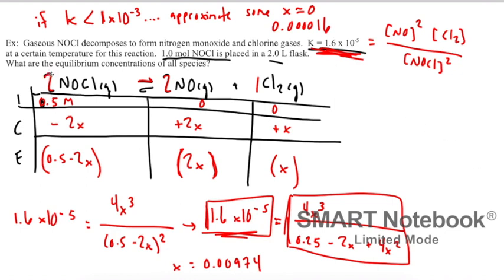I start this process with a significant amount of NaCl, 0.5 molar. Does that make sense? Well, because my k value is really tiny, I can approximate right here. You're not going to do this step until the equilibrium row of your ICE table.